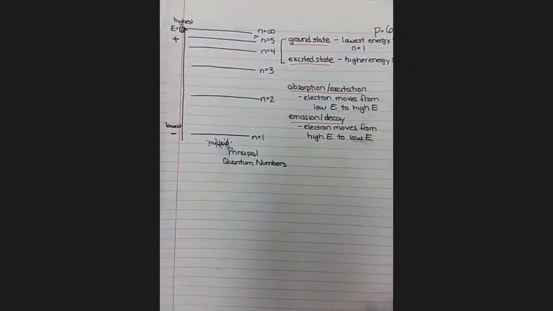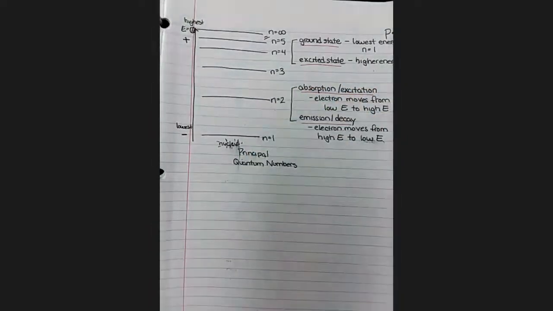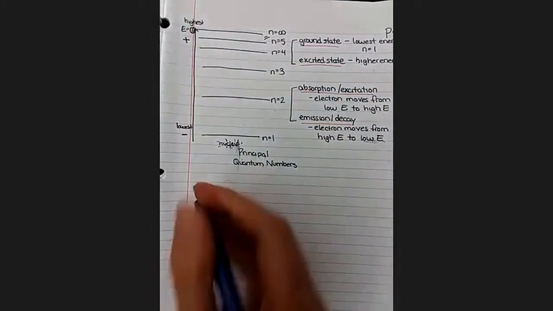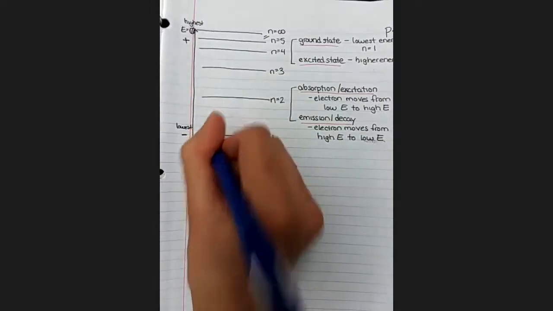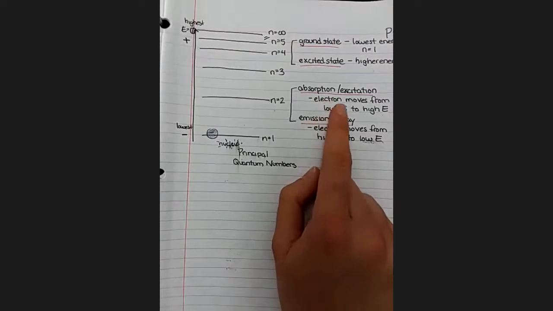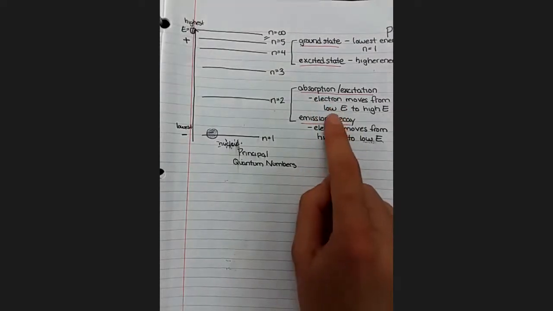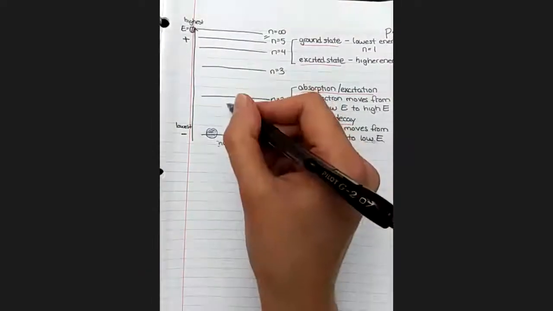And we can draw those processes on our super zoomed in picture that we have over here. So let's say we have an electron in the ground state. If we want to draw an absorption or an excitation process, we want to move from that low energy state to a high energy state. And to move up in energy, that energy needs to come from somewhere.